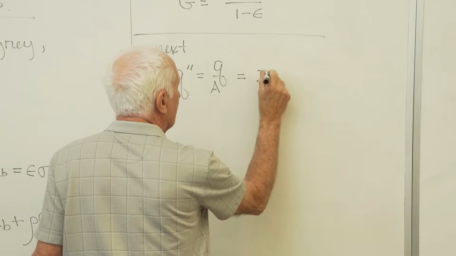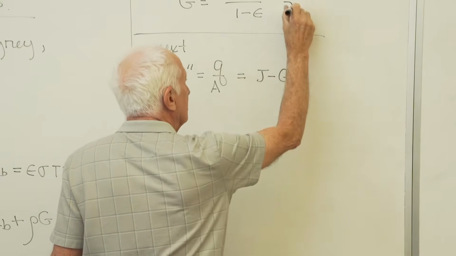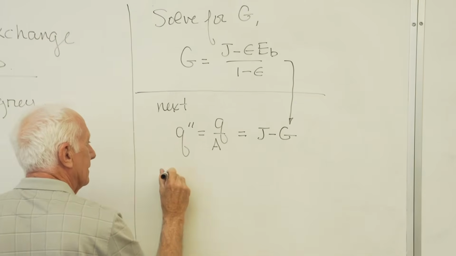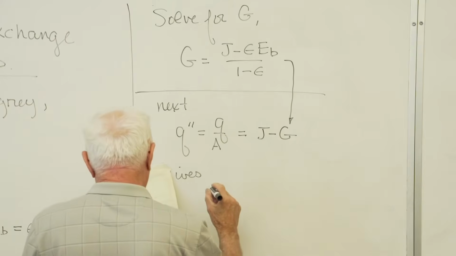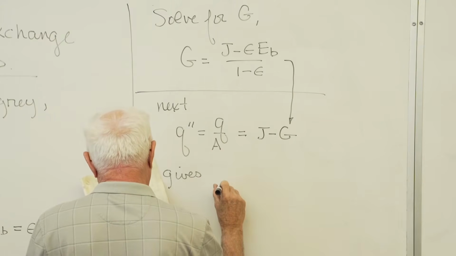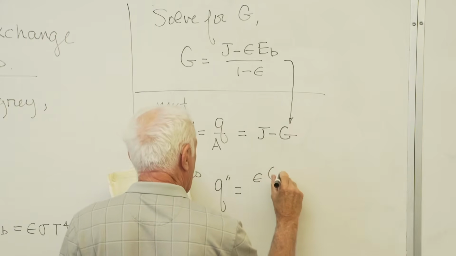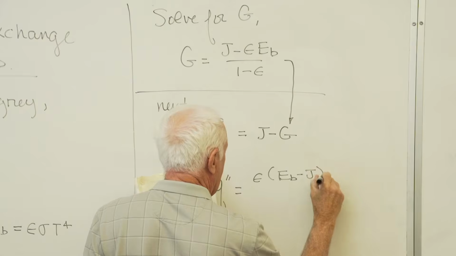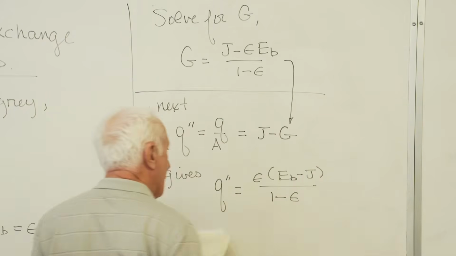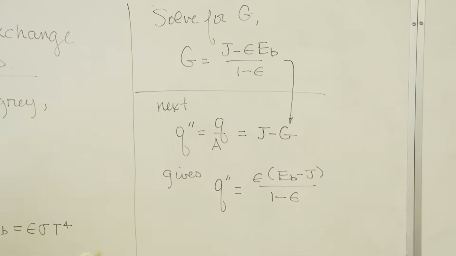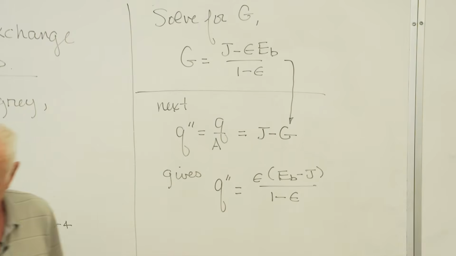So what goes out, J, minus what comes in, G. Now substitute in for G from here, and this gives Q double prime. That's our net heat flux.